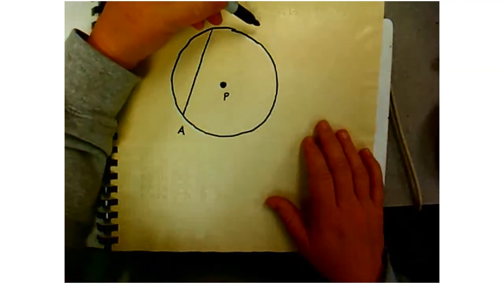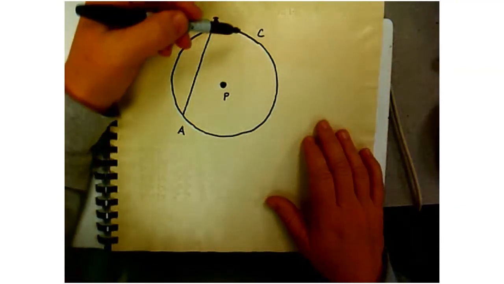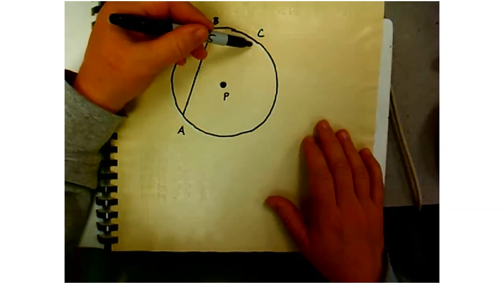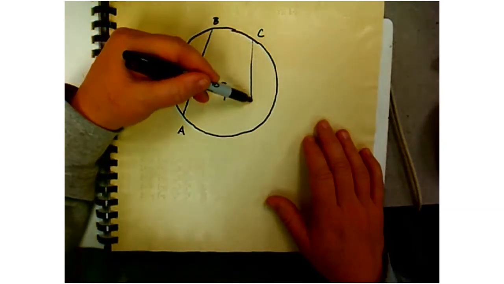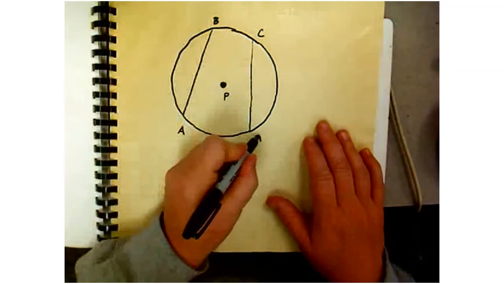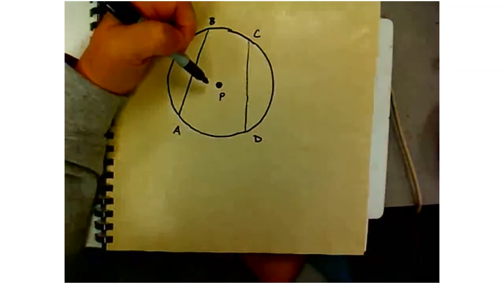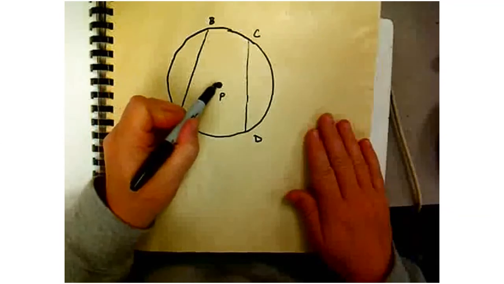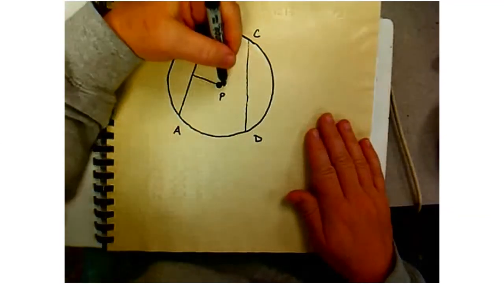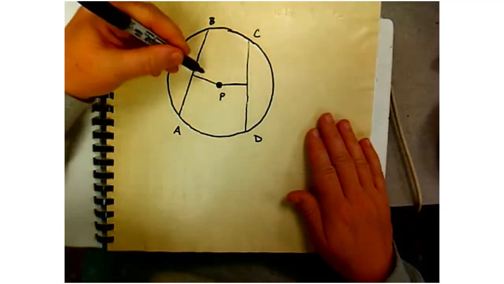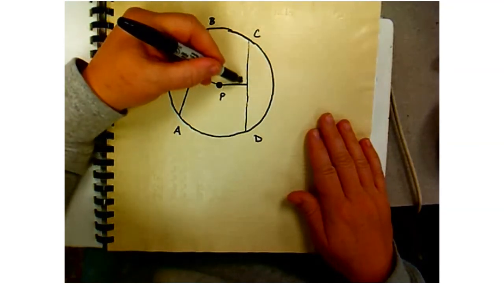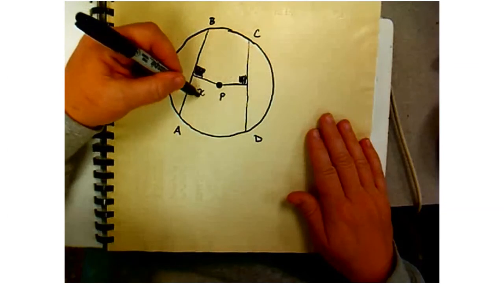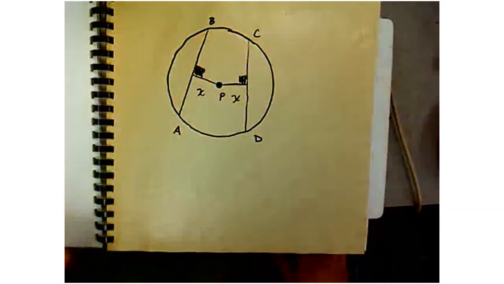And then on the right side is a chord running from about 1 or 2 o'clock down to about 4 or 5 o'clock, straight down to D. And from P, there are 2 segments that are perpendicular to each one of the chords. And they've labeled those X units each.